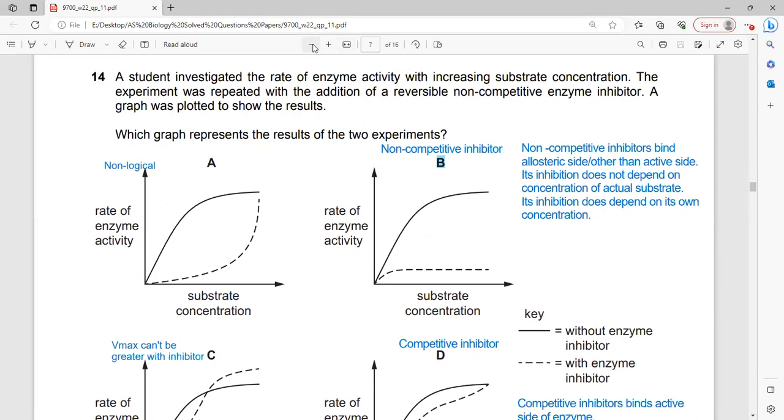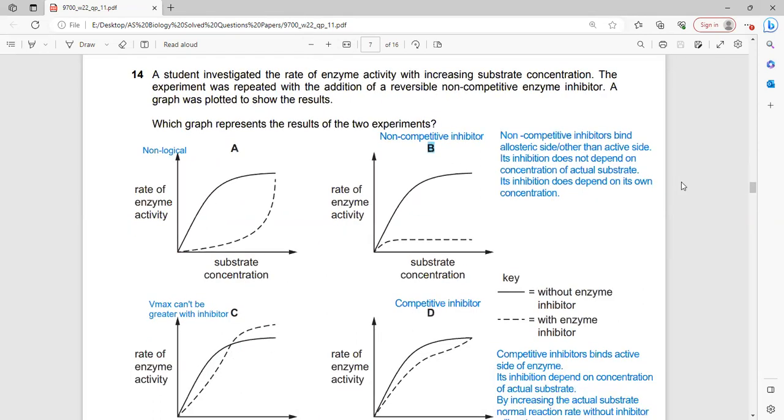The next question is related to the enzyme with inhibitor. A student investigates the rate of enzyme activity with an increase in substrate concentration. The experiment was repeated with the addition of a reversible competitive inhibitor. A graph was plotted to show the results.